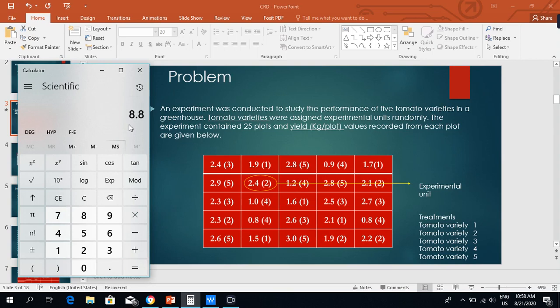It is equal to 8.8. Like that you should calculate the total yield for all 5 tomato varieties.